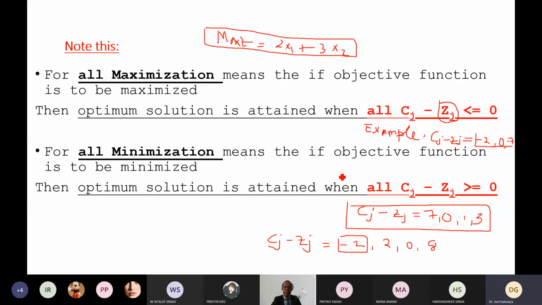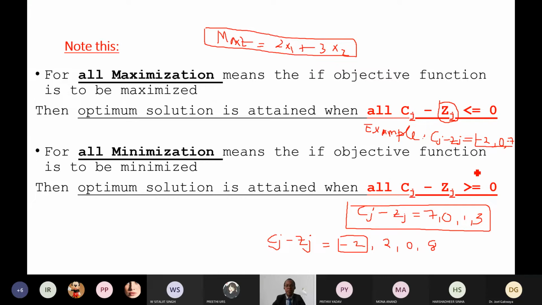Same case in maximization. If you find one of the Cj minus Zj is positive, then you have to continue until our condition is satisfied. Which condition? Cj minus Zj should always be lesser than or equal to 0, for both cases.